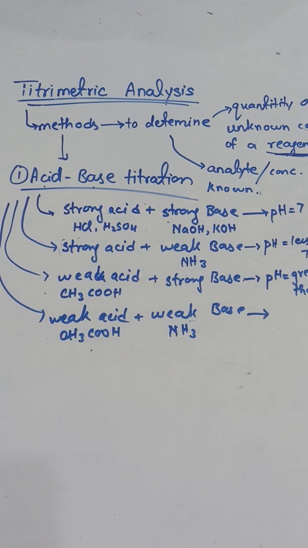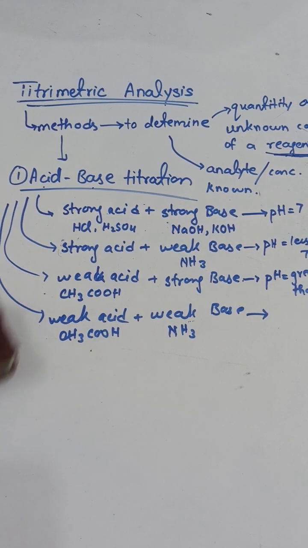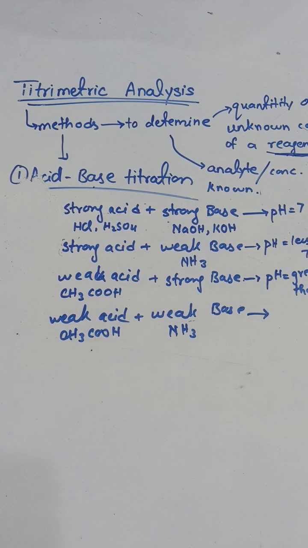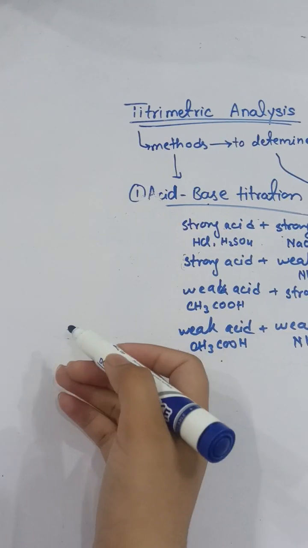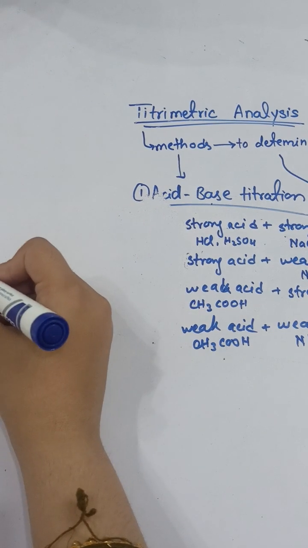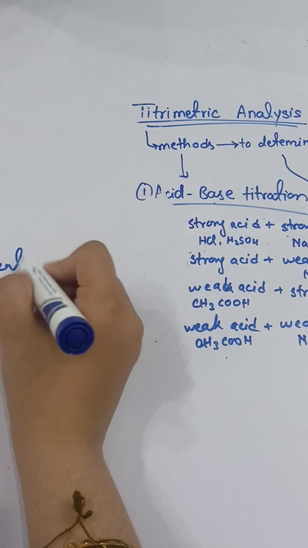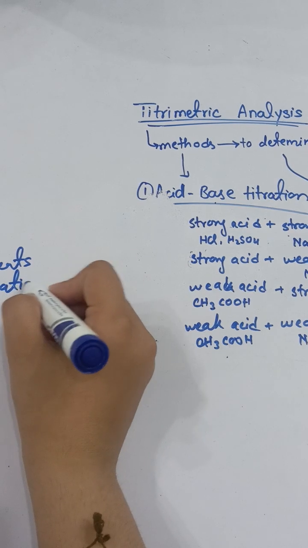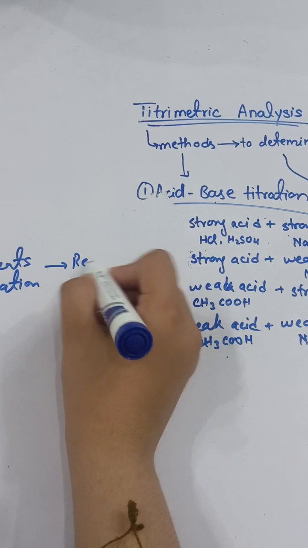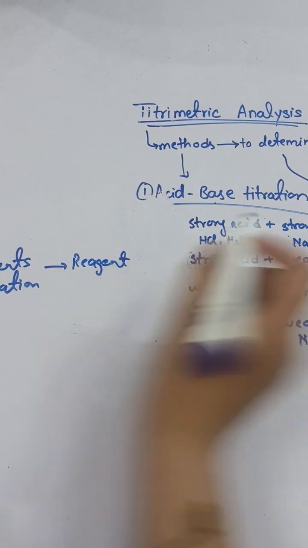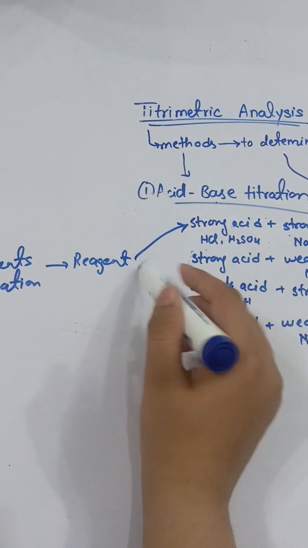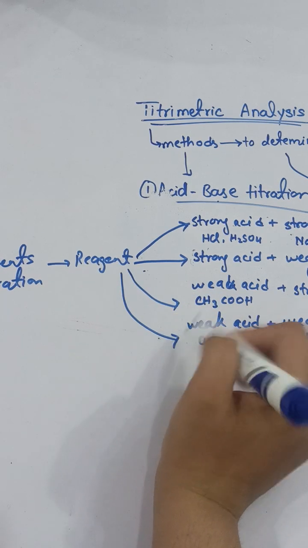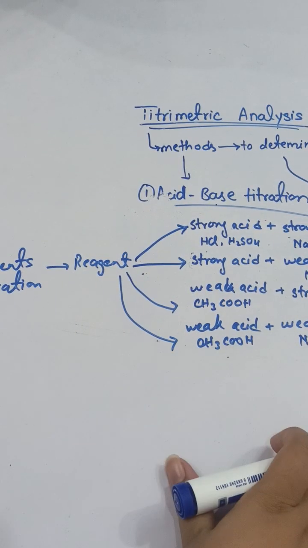So I'm going to discuss some components of titration. तो ये मैंने क्या डिस्कस किए हैं, वी डिस्कस द कंपोनेंट्स ऑफ टाइट्रेशन. अब मैं यहाँ पर आपको बताती हूँ हमने क्या डिस्कस किया. वी डिस्कस द कंपोनेंट्स ऑफ टाइट्रेशन एंड द फर्स्ट कंपोनेंट इज आवर रिएजेंट्स. और रिएजेंट्स ये सारे हैं, स्ट्रॉन्ग एसिड स्ट्रॉन्ग बेस, स्ट्रॉन्ग एसिड वीक बेस, वीक एसिड स्ट्रॉन्ग बेस, वीक एसिड एंड वीक बेस, ठीक है. ये सारी चीज़ें आ गई.